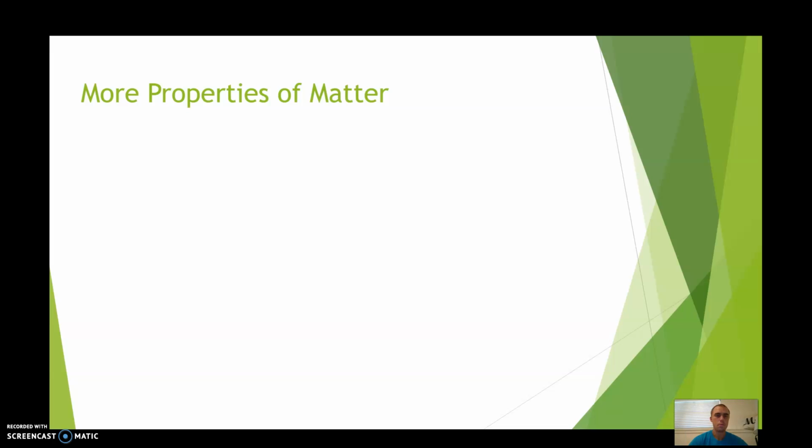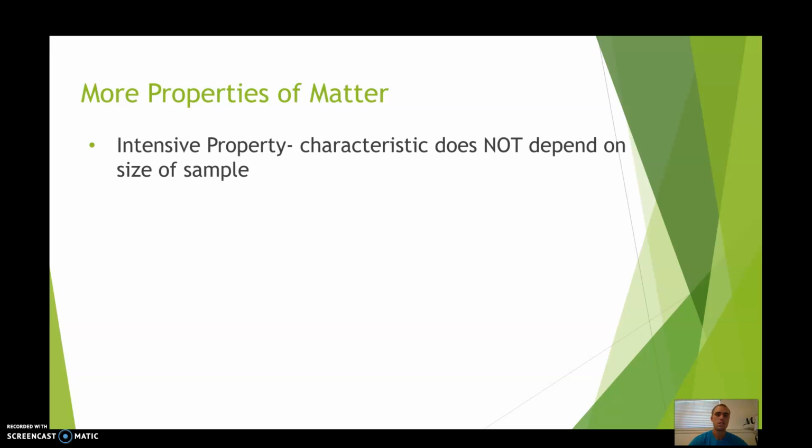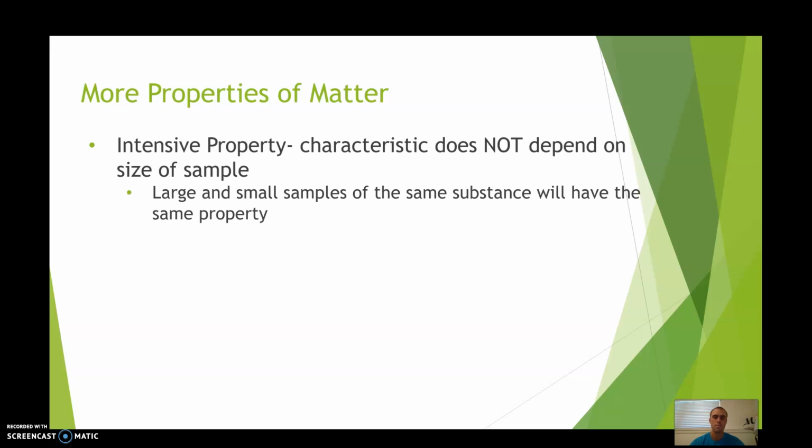Here's a couple more different types of properties. So we had chemical, physical. Now we're going to have intensive properties and extensive properties. Intensive, this property does not depend on the size. And so no matter how much or how little of something, this property is going to stay the same.